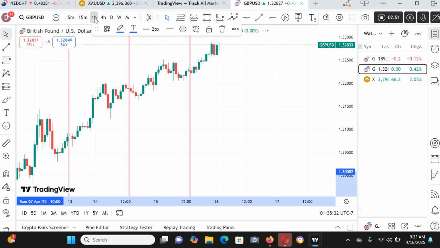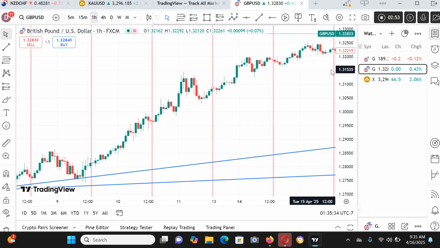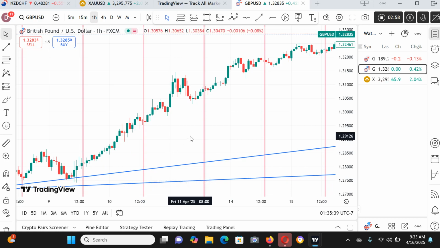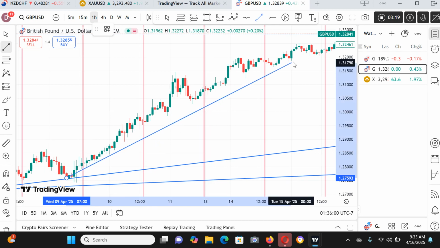So we now narrow it to the 1 hour time frame to draw another trend line. We look for where the trend line drawn from the 4 hour time frame has touched previously, and this is where it is. We consider it as the origin of the trough of the trend from the 1 hour time frame, so we draw our trend line from here. It's as simple as that. We move it into the future.